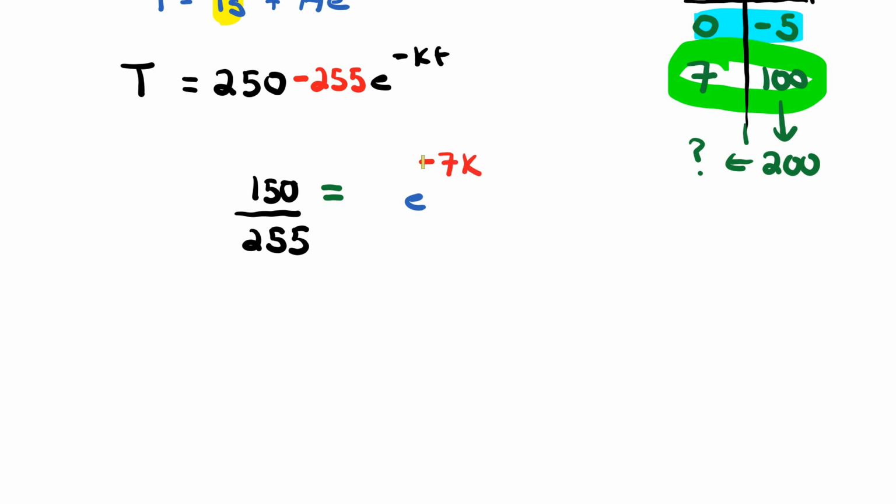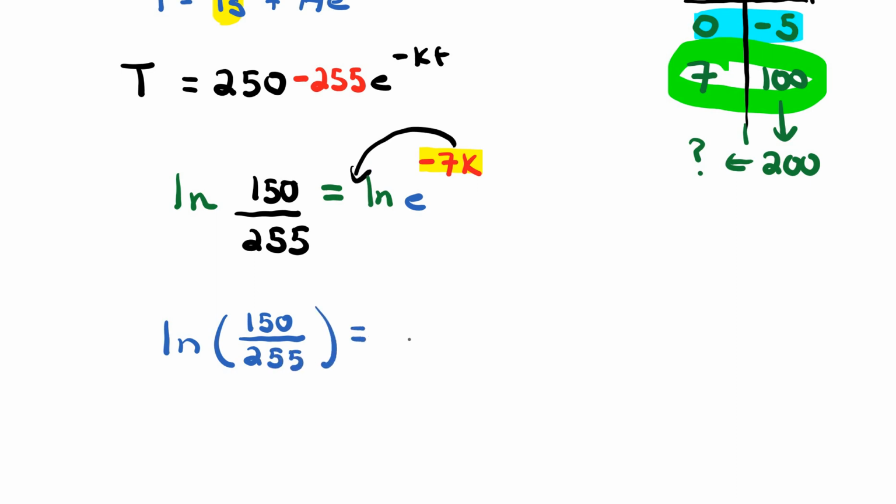If I want to bring this power to the front, I need to ln both sides. So I need to ln this side, and ln that side. My next line, I'll write ln of (150 divided by 255) equals, and then I can soccer kick this to the front, so that'll be -7k times ln e.